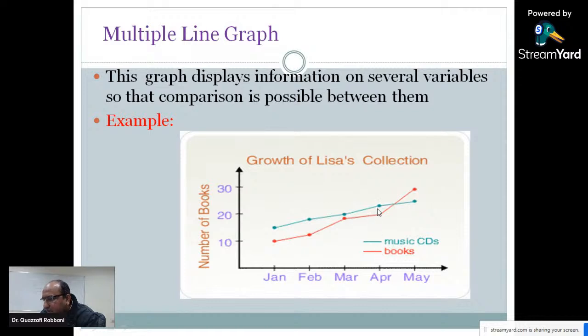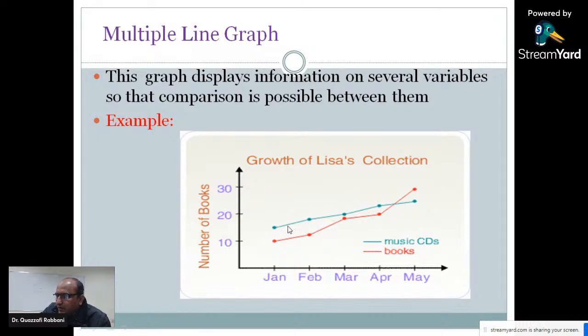In April, it is again higher, and in May, this trend goes down and the book collection is higher than music CDs. So this data shows the collections of books and music CDs, and you can plot this data on the graph and compare also.